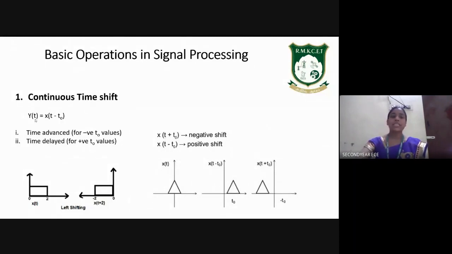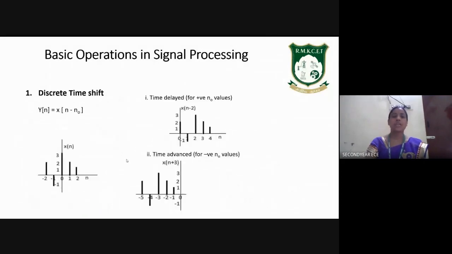You see here, this is the equation for shift in time. Actually, we will use it for discrete time. Throughout the subject, we are going to solve for discrete time signals. So move on to the next slide. It is showing shift in time for discrete signals.